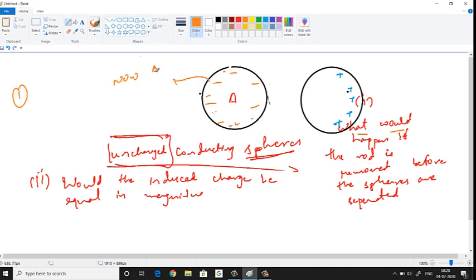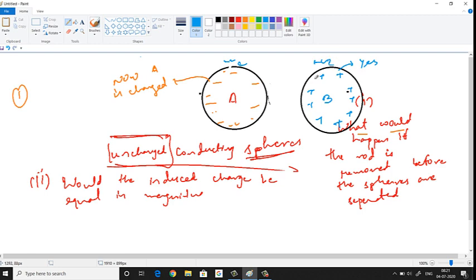Same thing happens with B: you get a completely positively charged B. So we separated the two spheres before we removed the rod. The rod was there, then we separated, and then we removed the rod. Both became charged. A became negatively charged and B became positively charged.